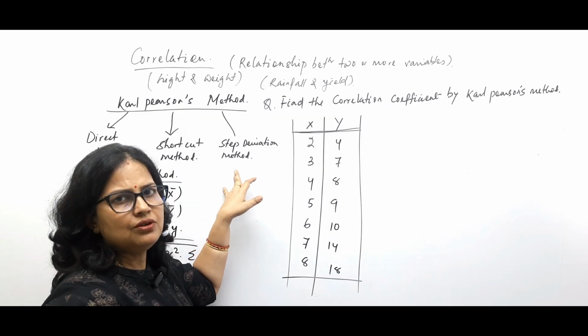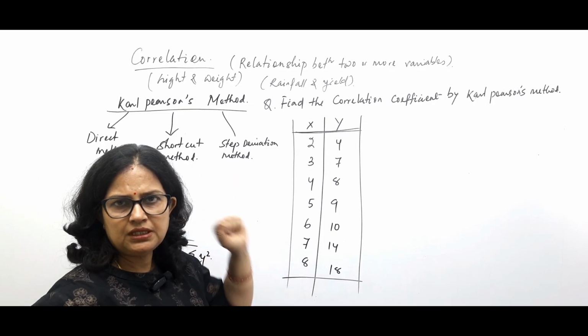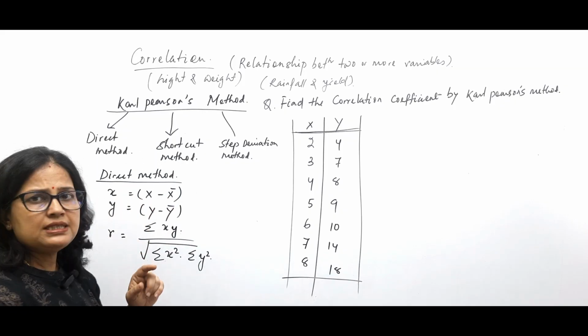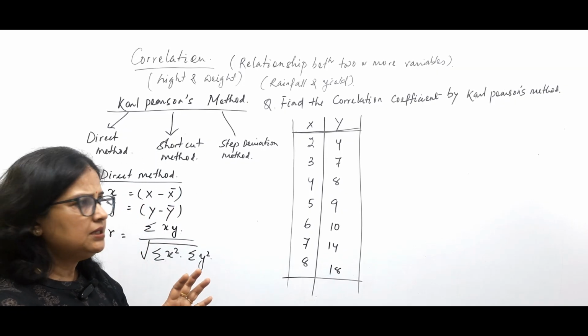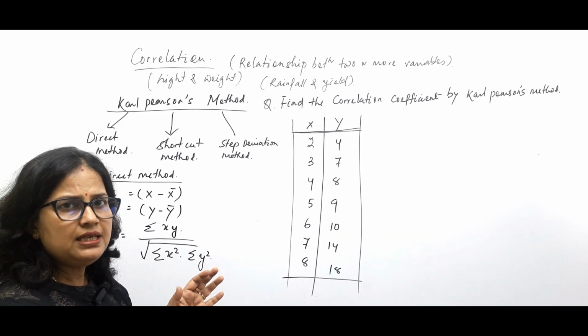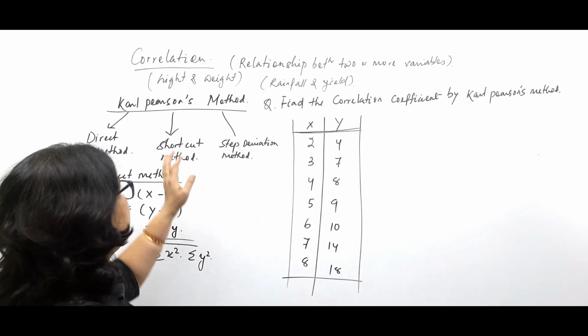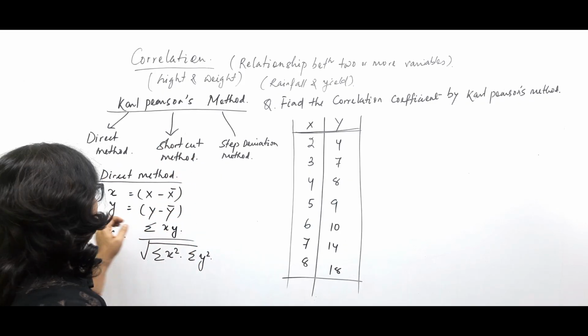It is an extension of the shortcut method. First we will discuss the direct method. We will take one example and see how to calculate the correlation coefficient by Karl Pearson's method.